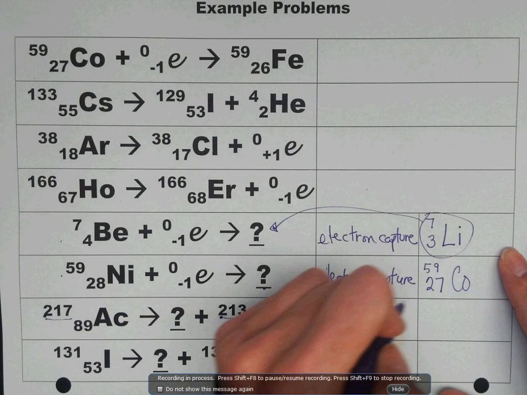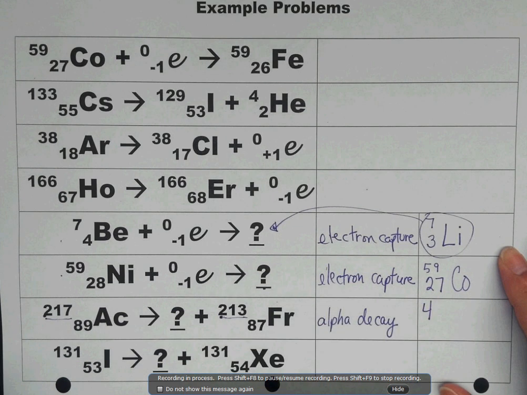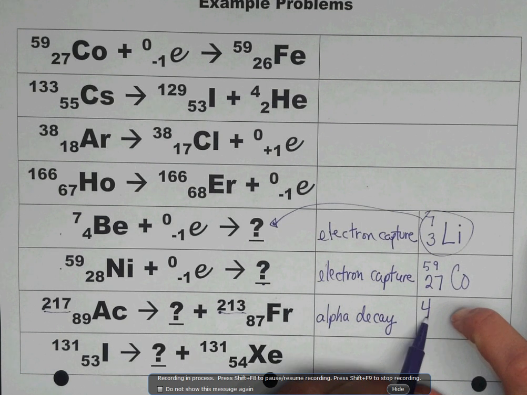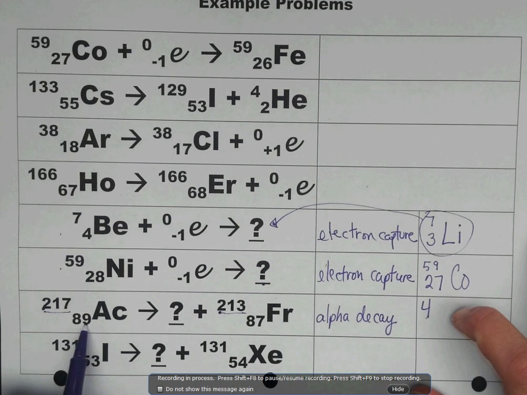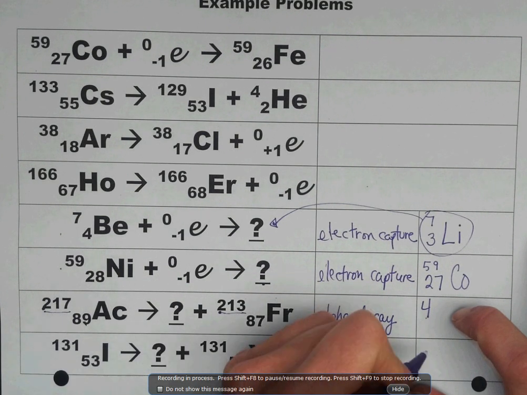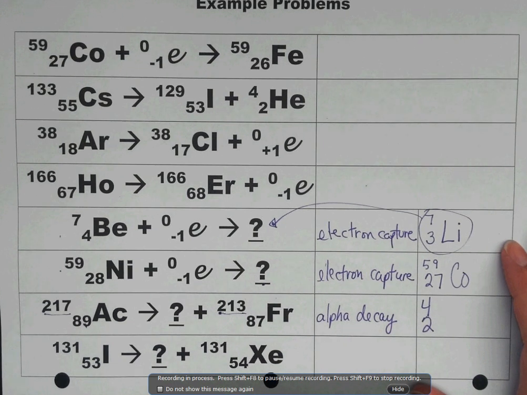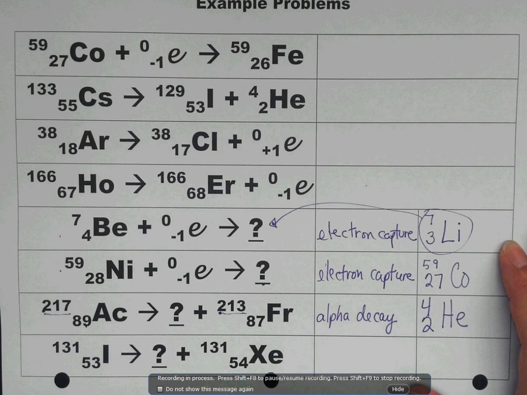So we know that because this decreased by 4, our mass number right here has to be 4. Then looking at the atomic number, it decreased by 2, which makes sense because we lost 2 protons. So that's going to be a 2 down there for the atomic number, and we know that atomic number 2 is element helium.